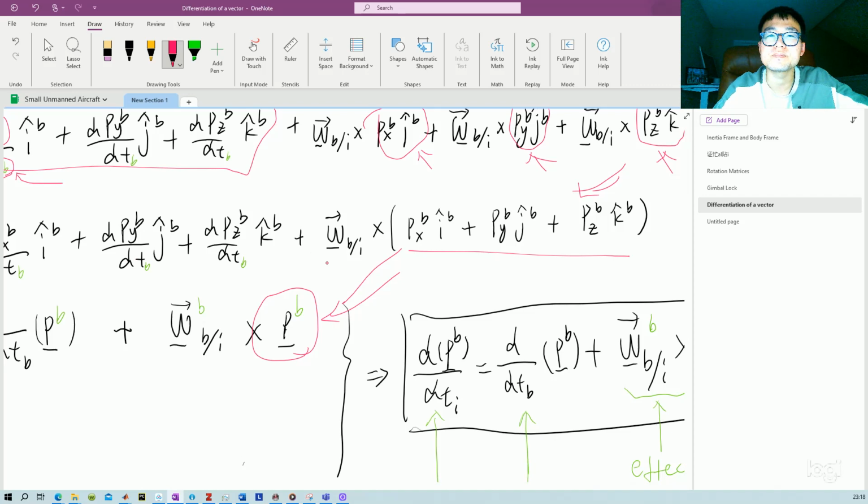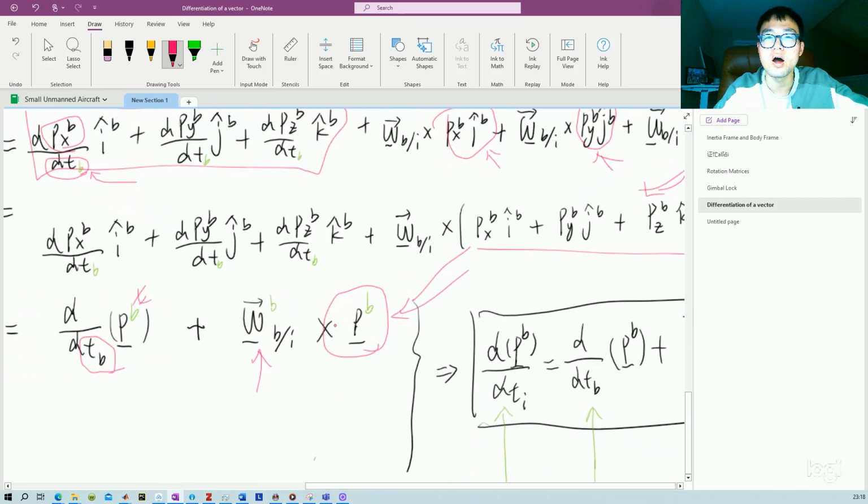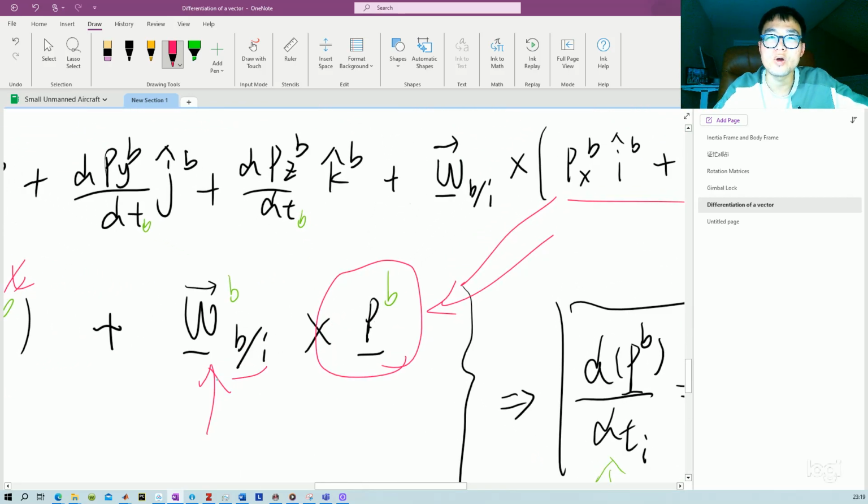And then again, we are looking at this vector, and we are taking a time derivative in inertia frame, and that is equal to the same vector you take a time derivative inside the body frame, and then that plus the velocity vector. Again, we're talking about the vector, right?